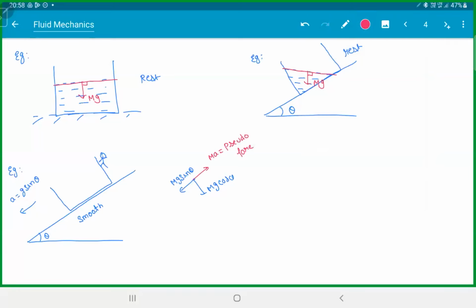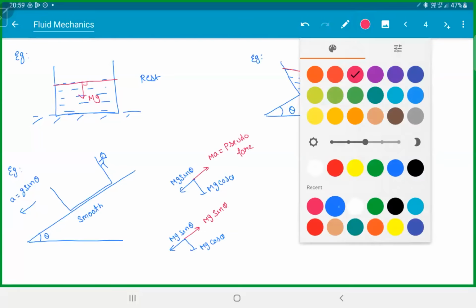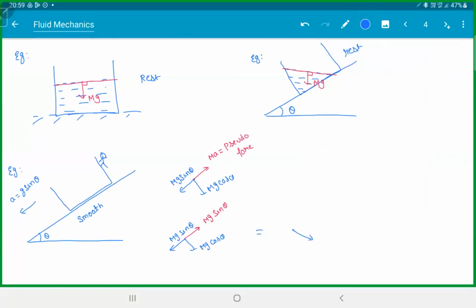Everyone agrees? And what is the pseudo force there? mg sine theta, mg cos theta, and the pseudo force is also mg sine theta, because here a is g sine theta. So the resultant force will be how much? mg cos theta will be the net force.